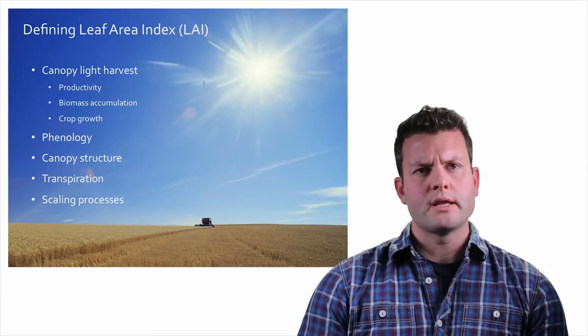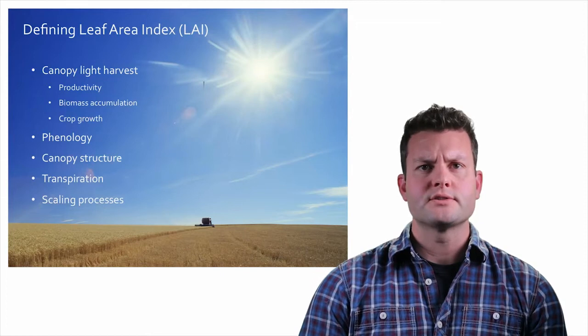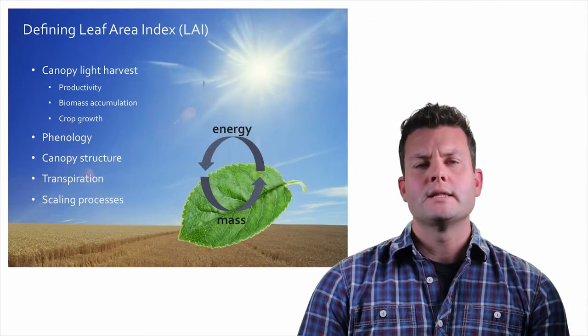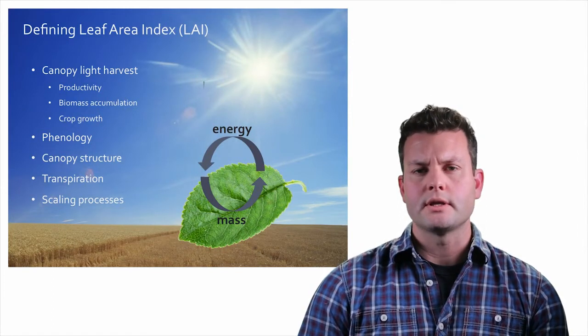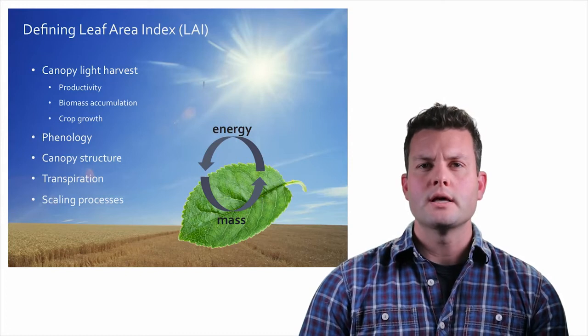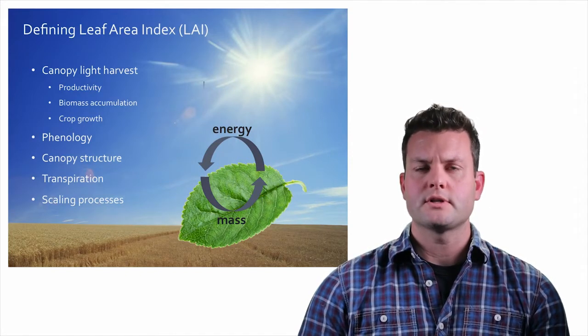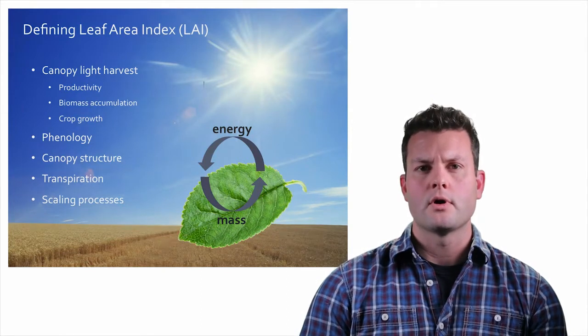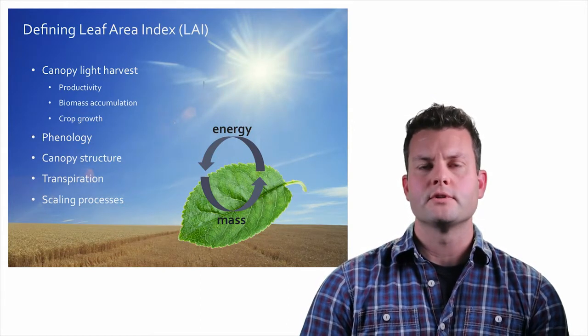So these last two are related: transpiration and scaling processes. Just in general, let's consider a leaf, for example. There's a lot of physiology that is occurring within that leaf. And those physiological processes are interacting with the surrounding atmosphere at the surface of the leaf.